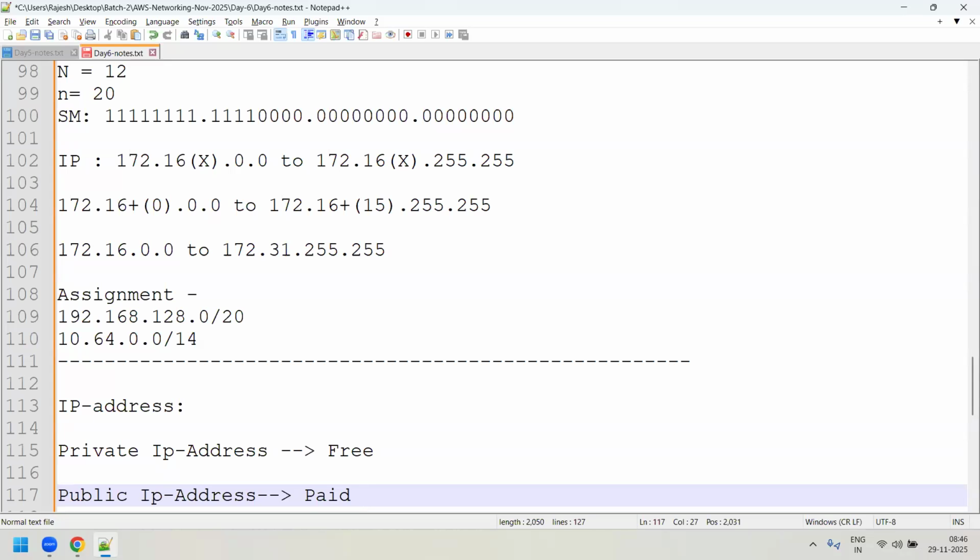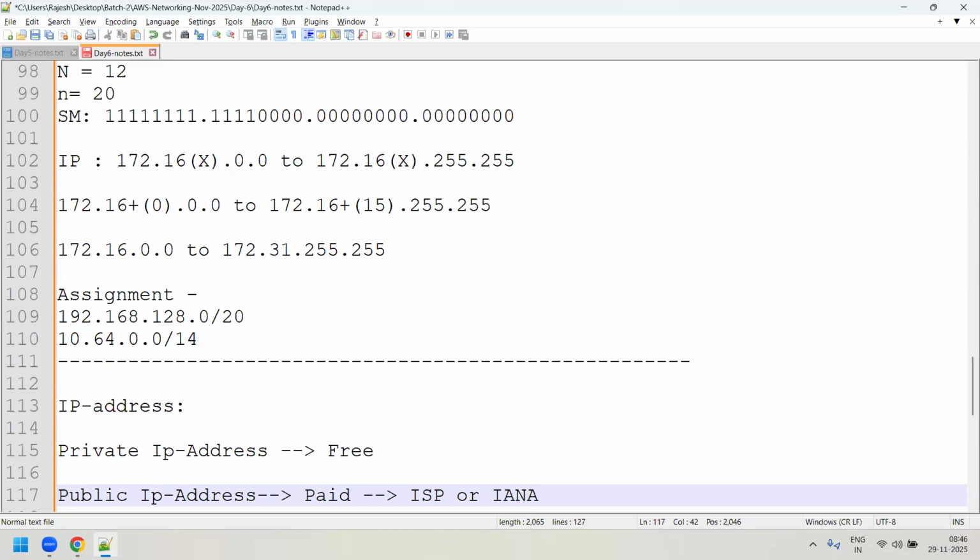This public IP address can be assigned by your internet service provider, or you can even go with IANA, the Internet Assigned Numbers Authority. That organization provides all these public IP addresses, and there are public IP address ranges too. You can get an IP address from any one of the public IPv4 ranges.